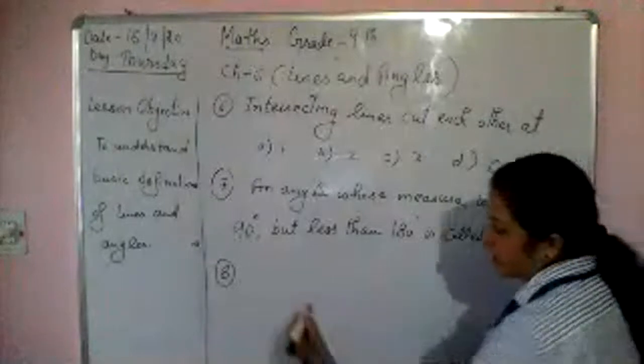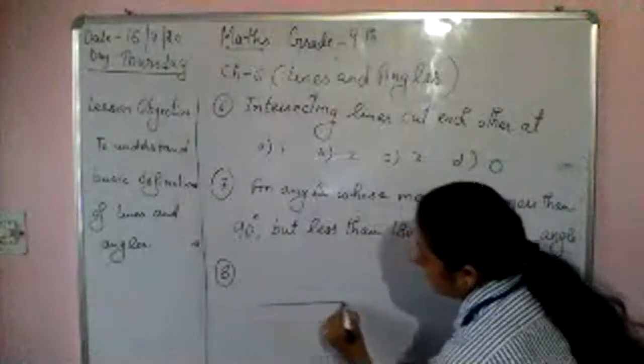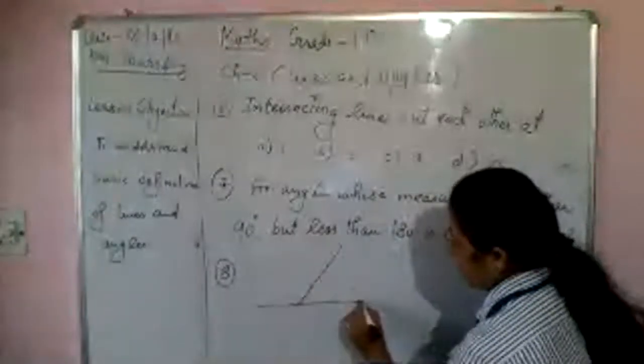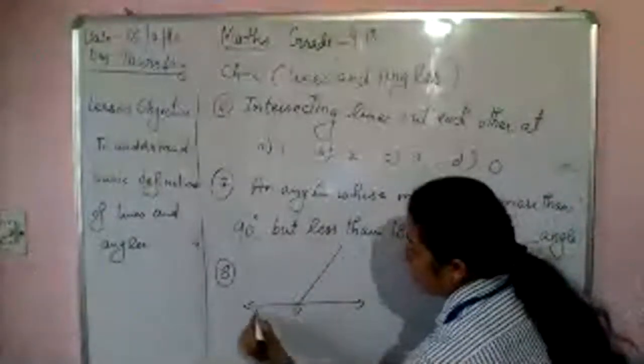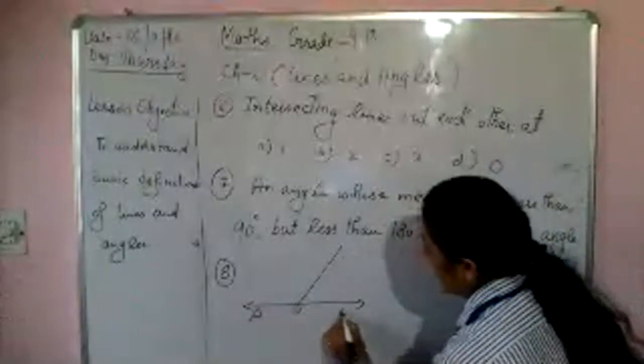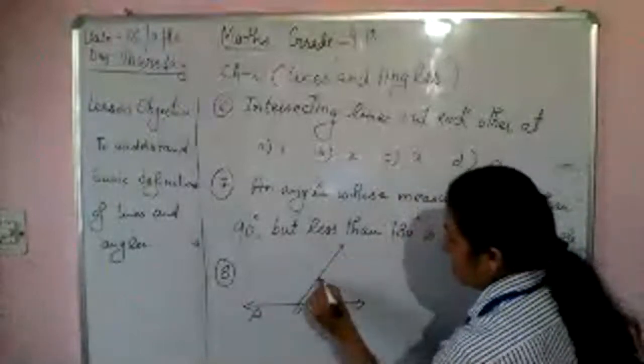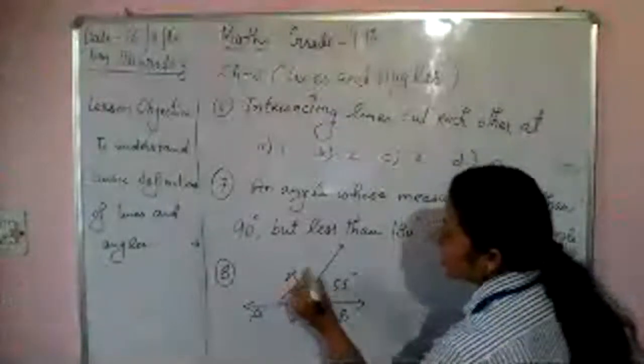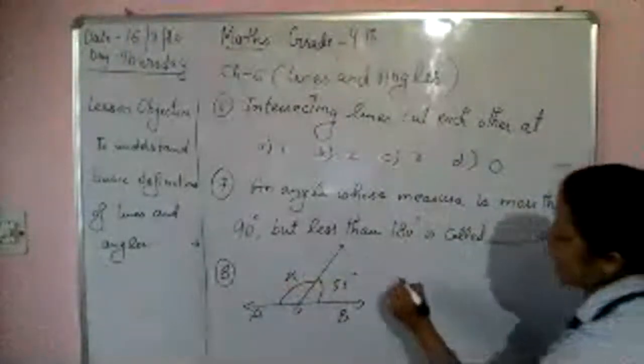Okay, I'm drawing the figure. OAB is the straight line. If this angle is given 55 degree, what is the measurement of x? Find x.